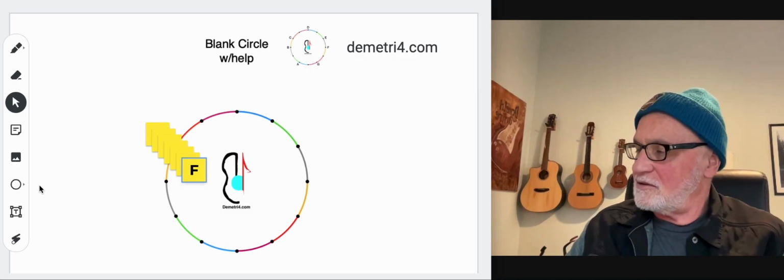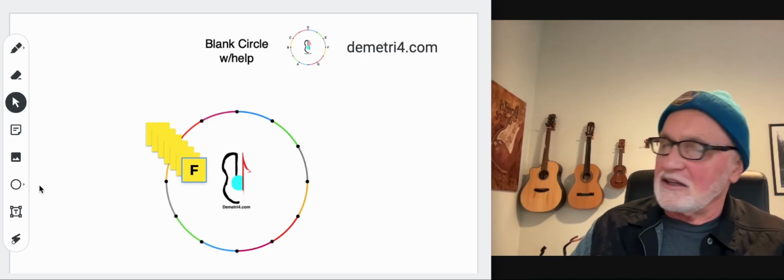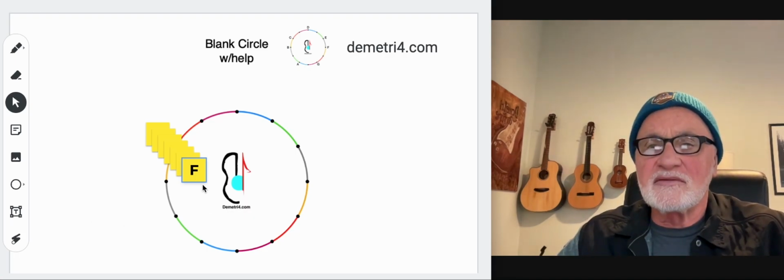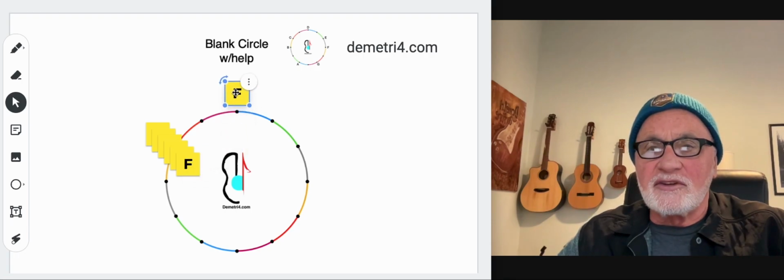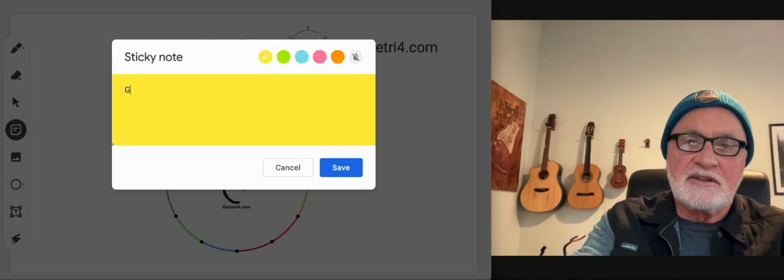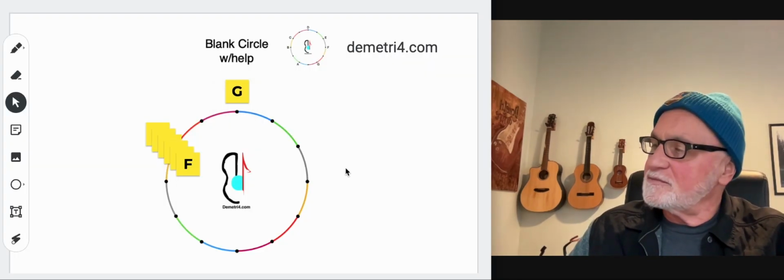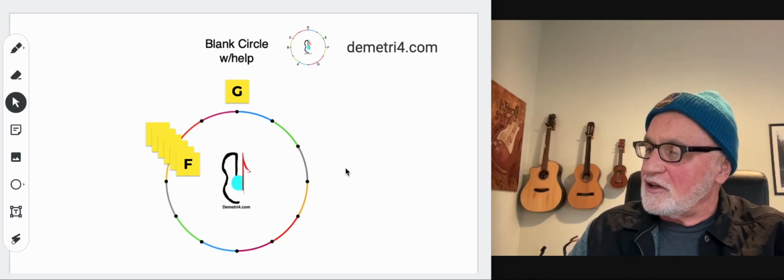Next, the interval between F and G is a whole step. We will place G at 12 o'clock and 11 o'clock is blank. The interval between G and A is a whole step.